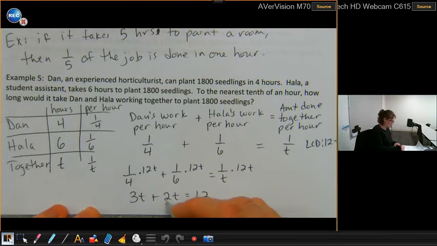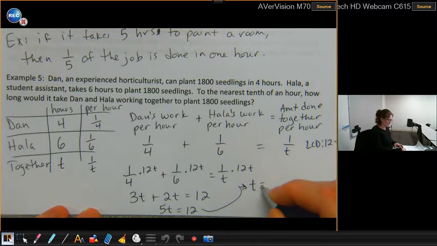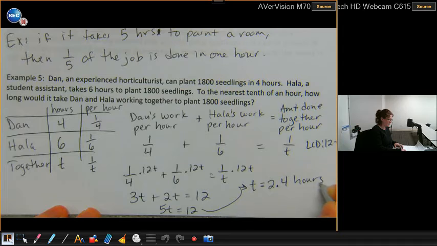So 5T equals 12. Divide by 5, and it says to the nearest tenth of an hour. So I would round it, and I would get 2.4 hours is how long it would take them working together to plant 1,800 seedlings.